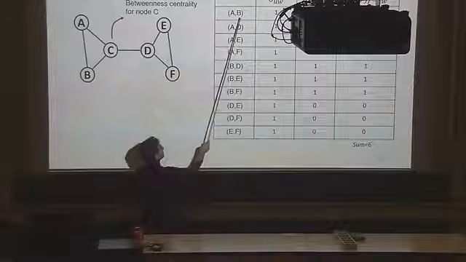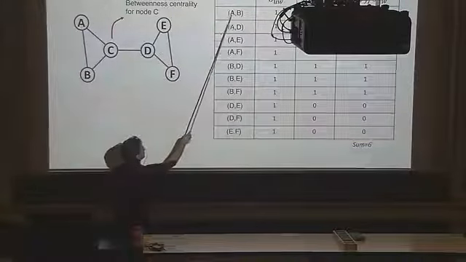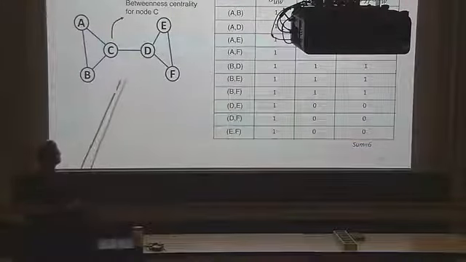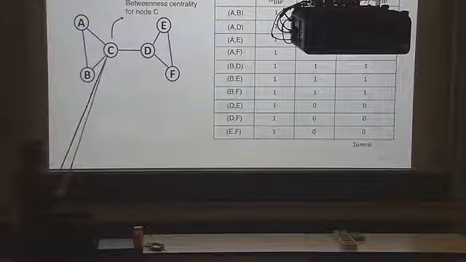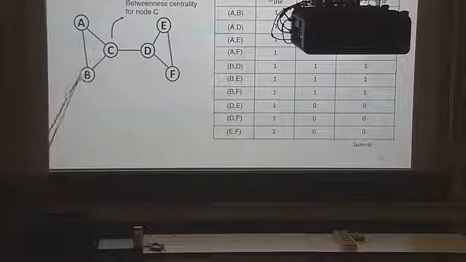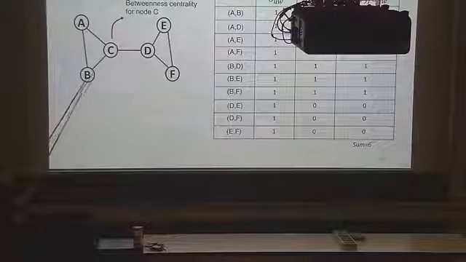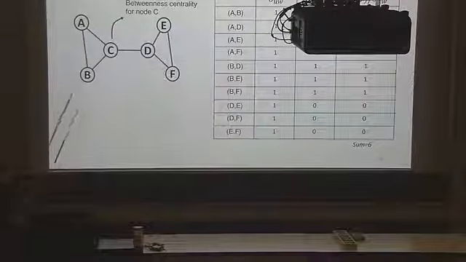So let's say I'm interested in the path between node A and B, right? Again, we are looking at C, so we calculate betweenness centrality for one node of interest. That is node C in this example. From A to B, there's one path. Nothing goes through C. 1, 0. That 0 divided by 1 is 0.